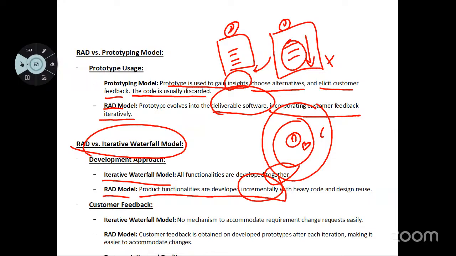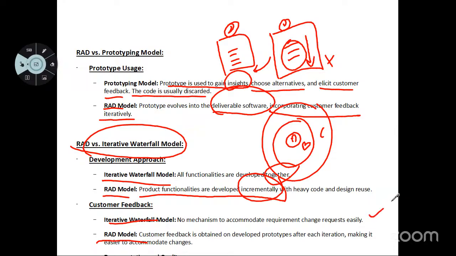We are just taking the customer feedback and proceeding with the documentation and the rest of the process. While coming to the RAD model, we compulsorily involve the customer and we also maintain the documentation for the customer feedback. Okay. So in the iterative waterfall model, there is no mechanism to accommodate requirement change requests easily.